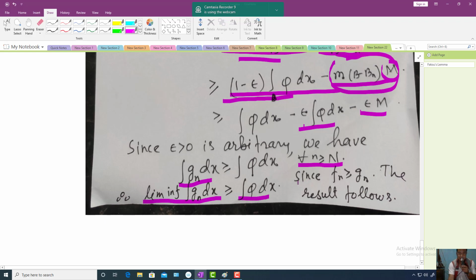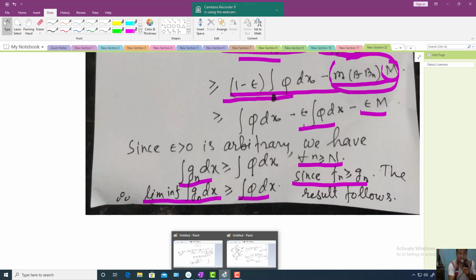But since fn is greater than or equal to gn, its integration is going to be greater than that of gn. So the integration of gn is going to be less than the integration of fn. So the result follows.